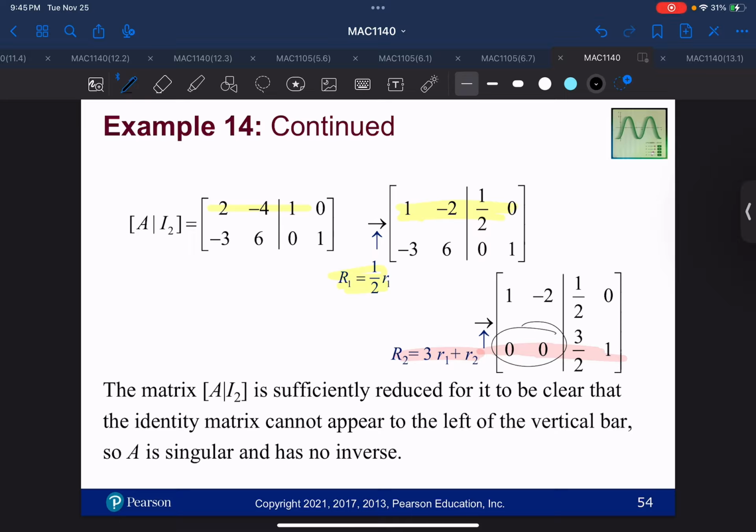So this is in reduced row echelon form because the first non-zero entry is 1 and everything below it and above it is equal to 0. But because it's not the identity matrix on the left, that shows us that it has no inverse. So if you can't get the left side to be the identity matrix, then it will have no inverse.